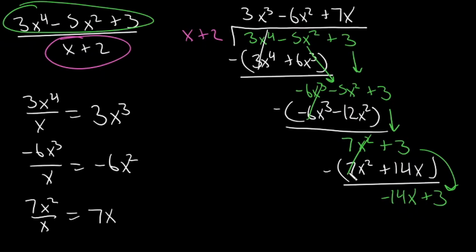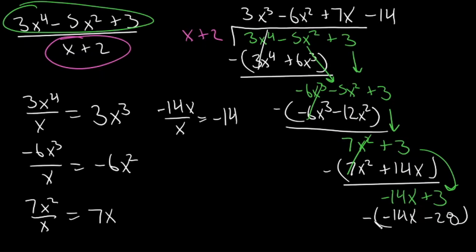And now finally, negative 14x divided by x is going to be negative 14. So if we put negative 14 up here, x times negative 14, negative 14x. 2 times negative 14 is negative 28.